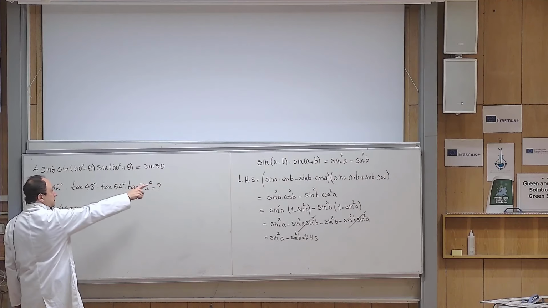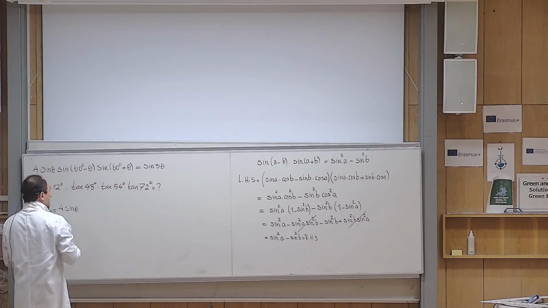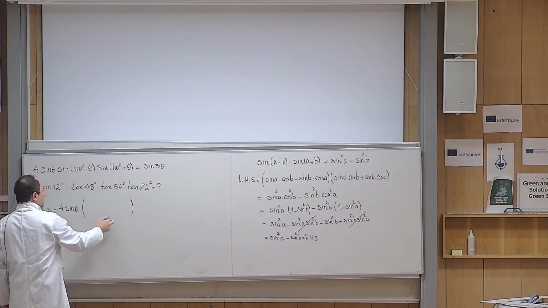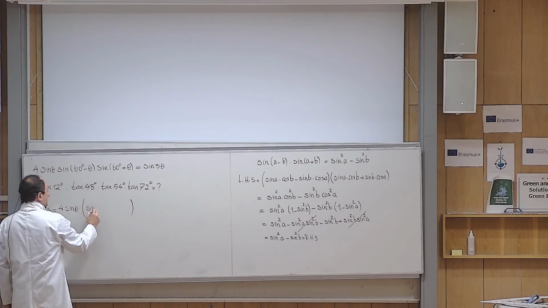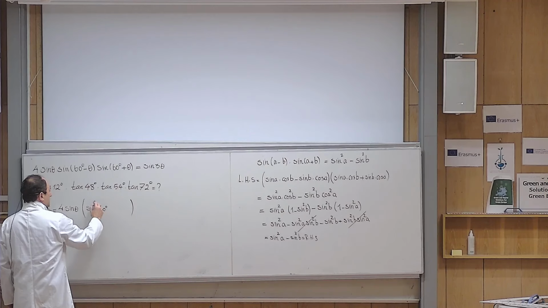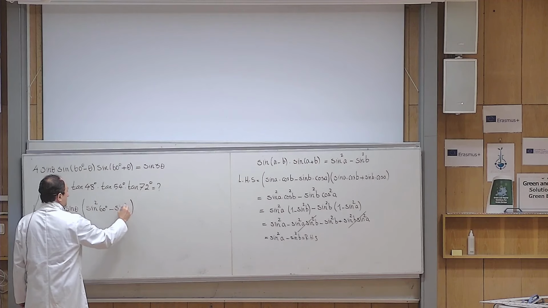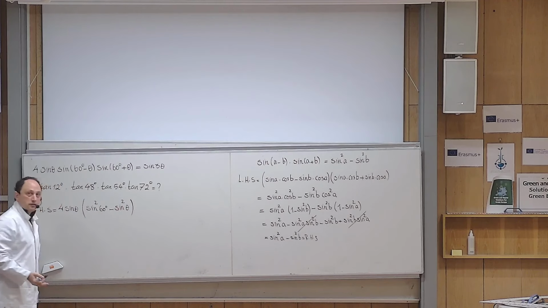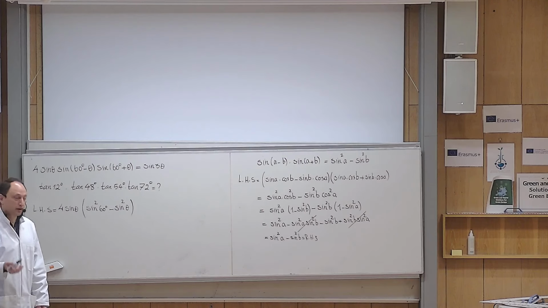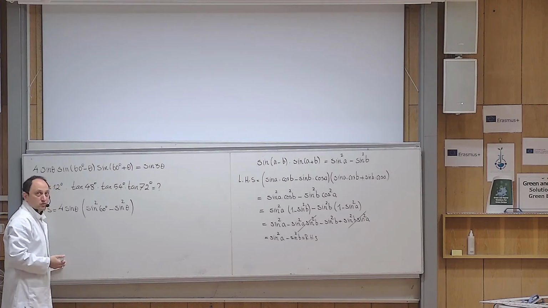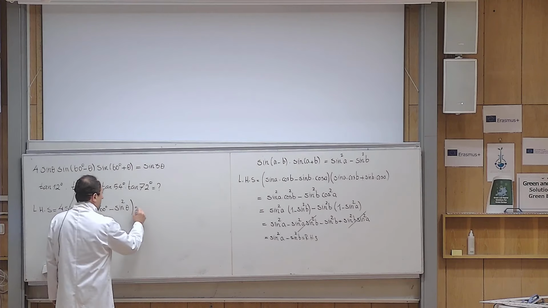It tells me that the sine of the first one is squared, so I open a pair of brackets and write the answer here. It becomes sine of the first one, 60 degrees, squared, minus sine of the second one squared. Of course, 60 degrees is one of those famous angles, so sine of 60 degrees is the square root of 3 over 2. So I copy and paste the first one.